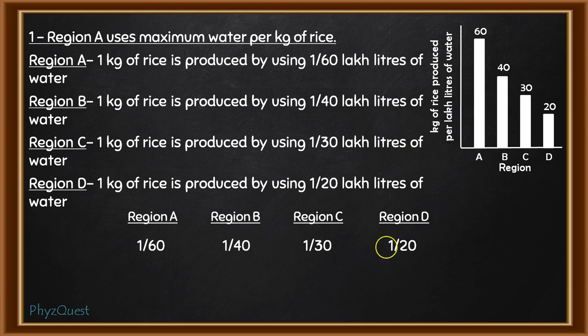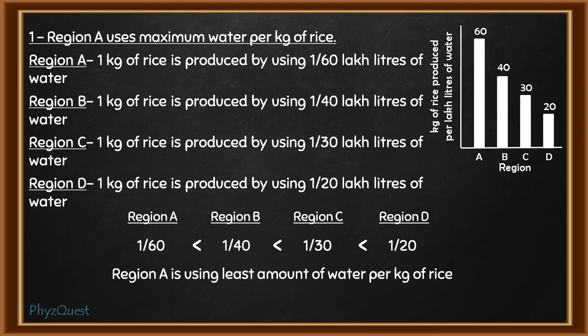So according to this analysis, region D is actually using the highest amount of water as compared to region C, which is more than region B, which is more than region A, which means region A is actually using the least amount of water to produce 1 kg of rice.